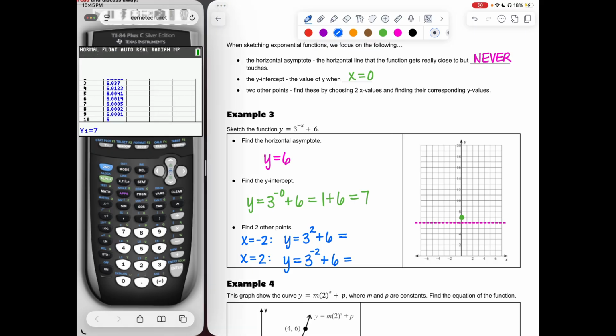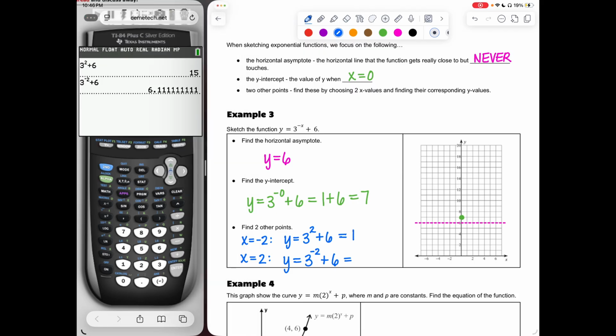And of course, I can put that in my calculator, and these will be my values. So I will get 15, and then I will get 6.1 repeating.